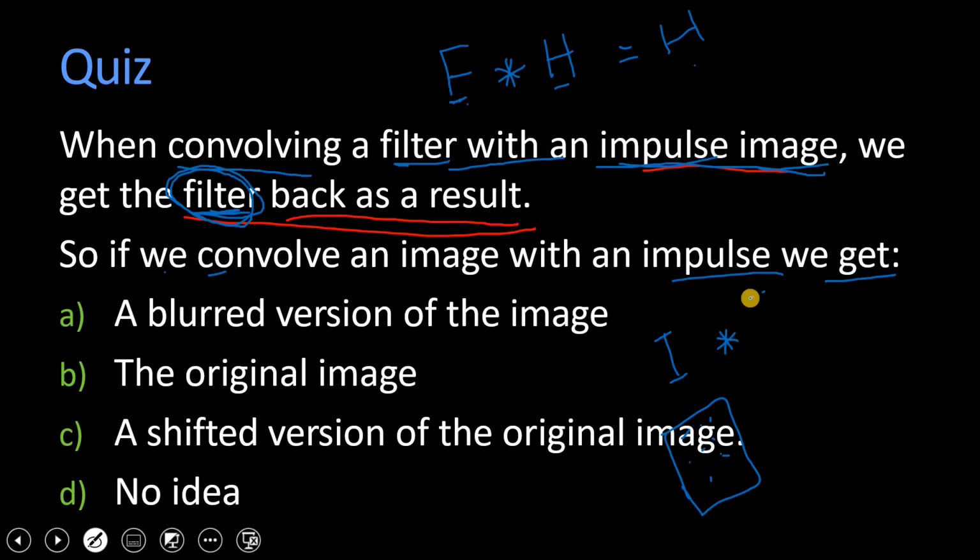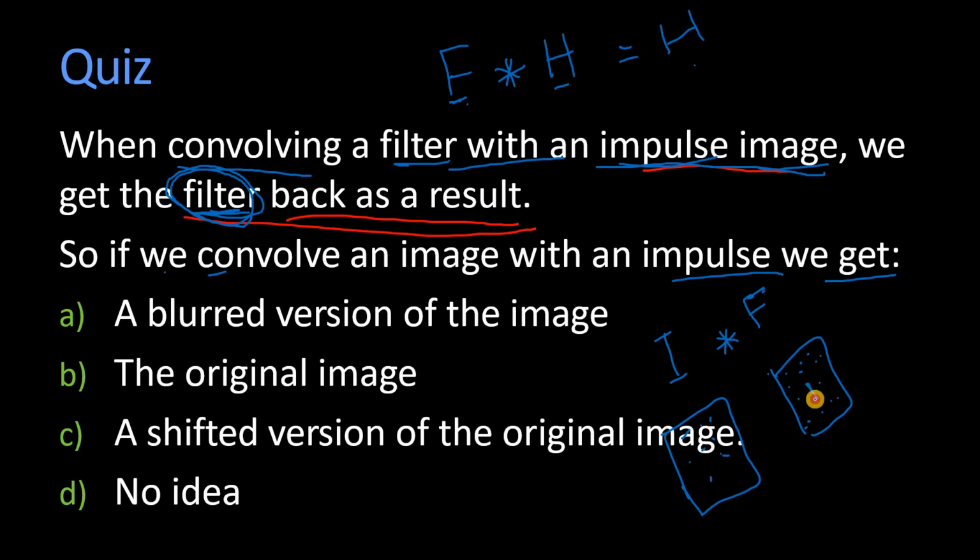The impulse is a function that has only one value in the center and all other values are 0. So when you do this, what will happen? That's the question. We will do this in the lab work, so don't worry if it's not clear here.